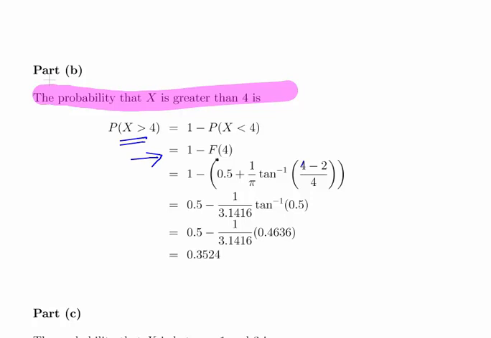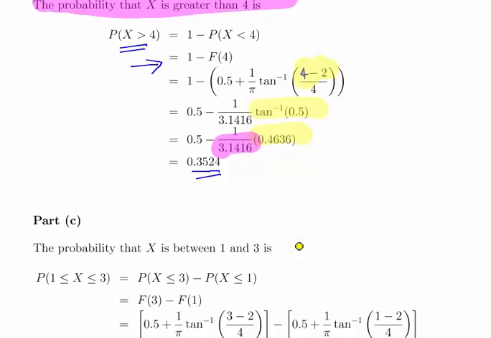We have 4 here: 0.5 plus 1 over pi times tan to the minus 1, the inverse tan, of 2 divided by 4, which is 0.5. The inverse tan of 0.5 gives us 0.4636. We divide that by pi, and we add 1 half. So we get 0.3524 in this case.